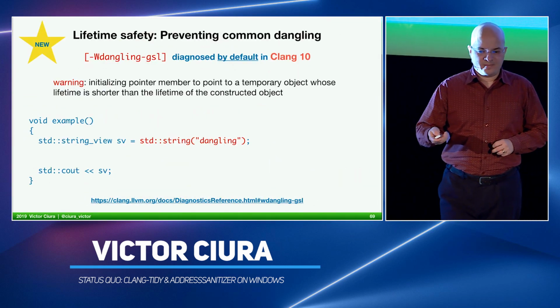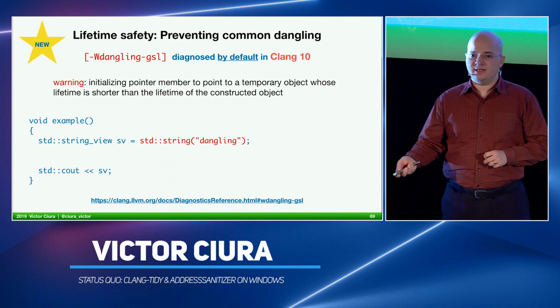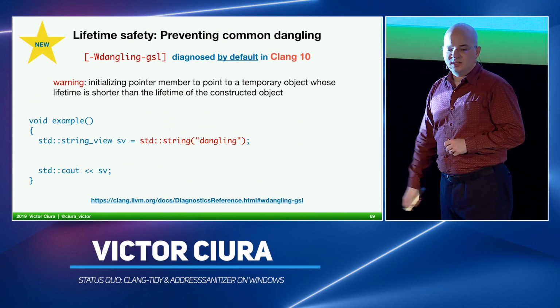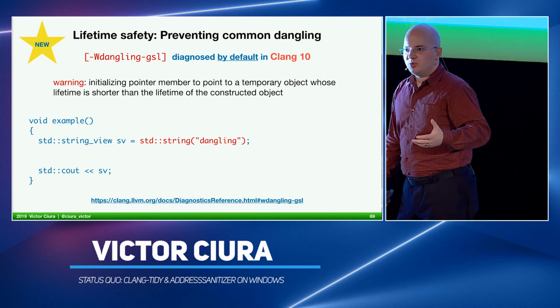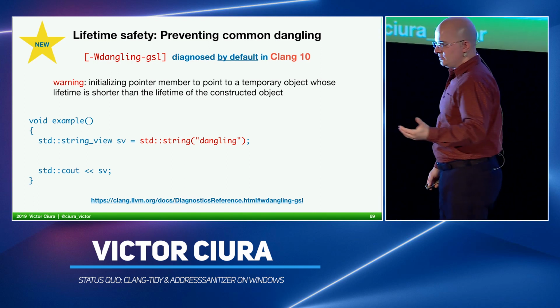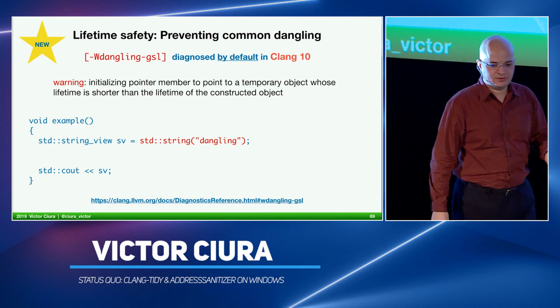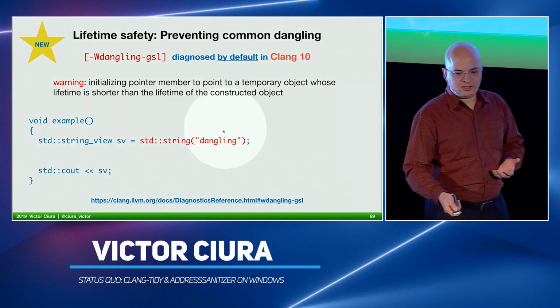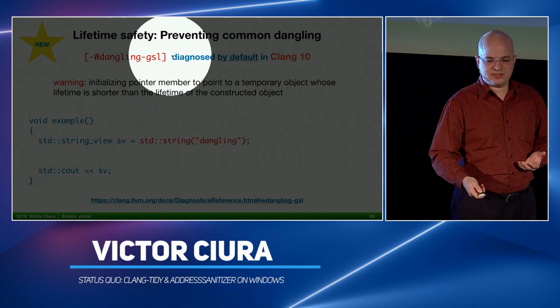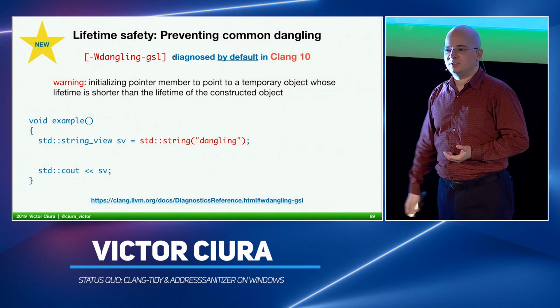And more recently, in Clang 10 or Clang trunk, we've basically promoted this experimental switch, and now it's diagnosed by default. The warning issued is this one, dangling GSL, because it relates to a CPP core guideline check.